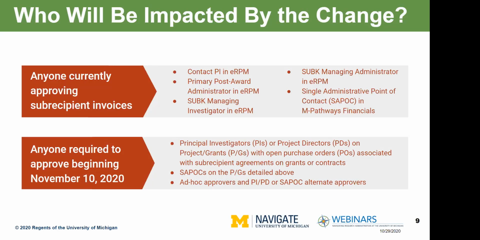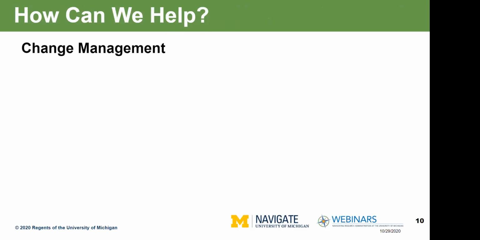From a system standpoint, what that means is if a purchase order has an origin of OCA, or the Office of Contract Administration, any PI or SAPOC listed on those project grants will be required to approve the subrecipient invoices in the new process. This also includes any ad hoc approvers who may be part of the current process, or any alternate approvers who the PI or SAPOC designate in the new system.